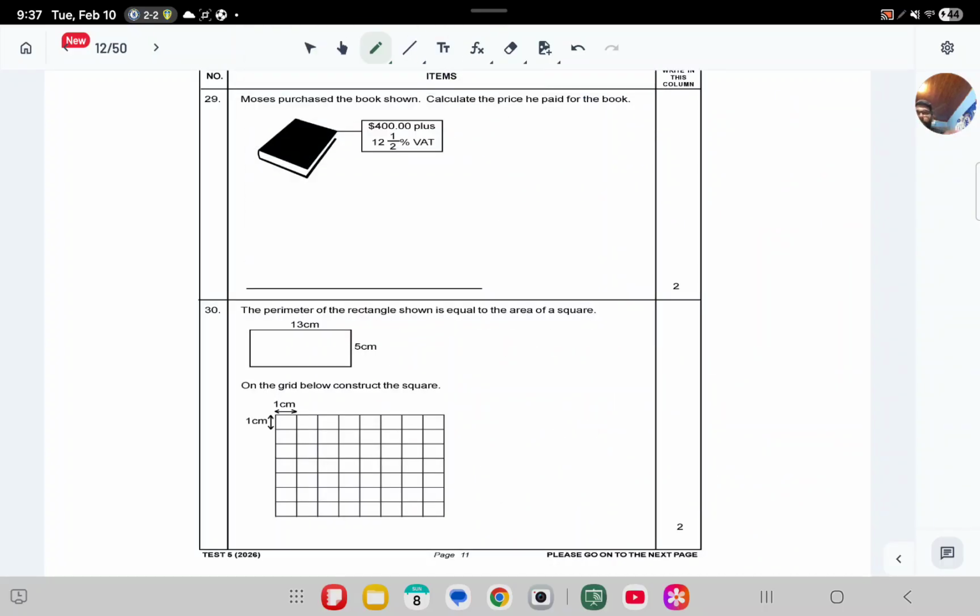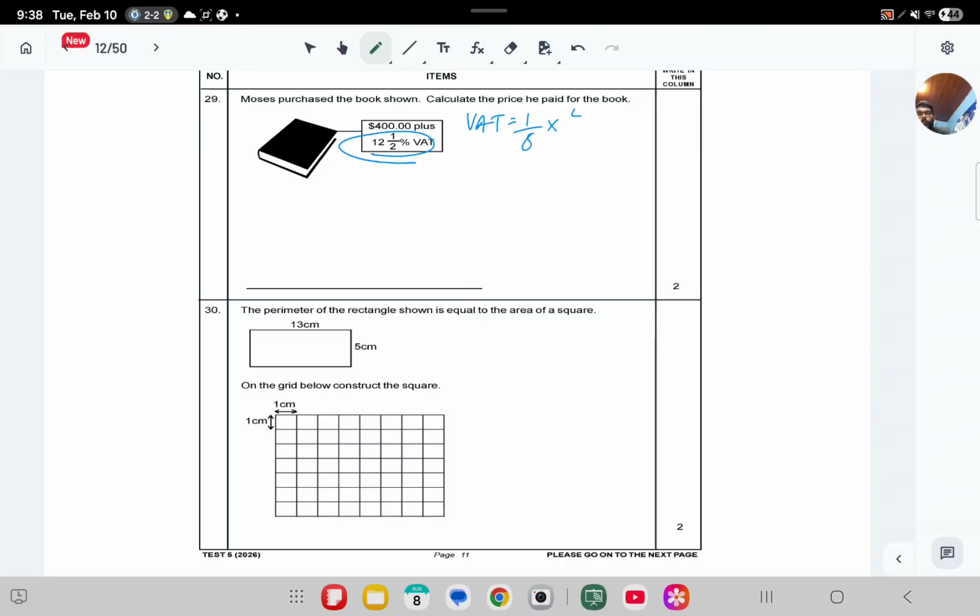Number 29. Moses purchased the book shown. Calculate the price he paid for the book. Well, the book is $400 plus 12.5% VAT. So first we need to find out the VAT amount. So VAT is equal to 12.5%, which we know is 1/8.